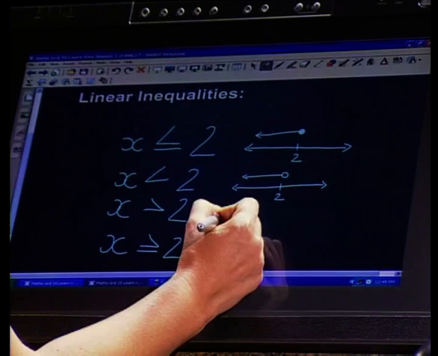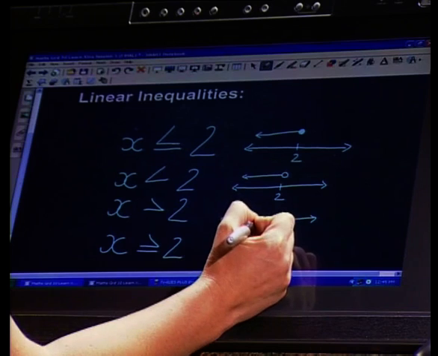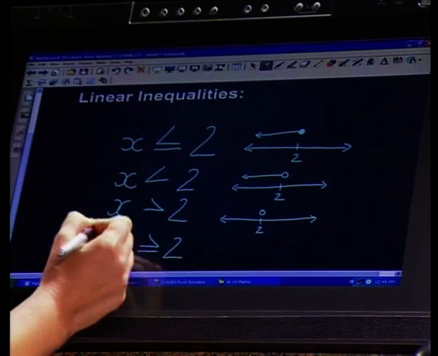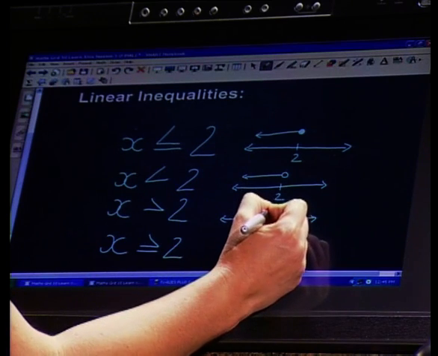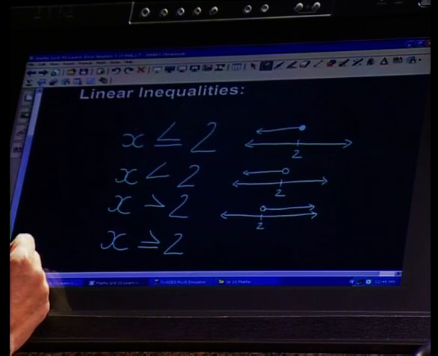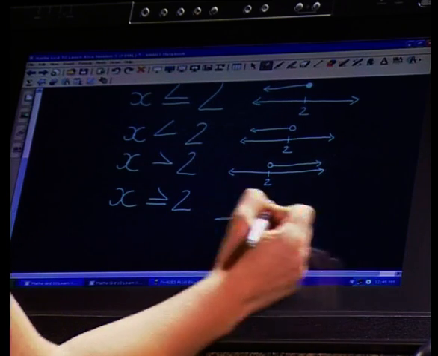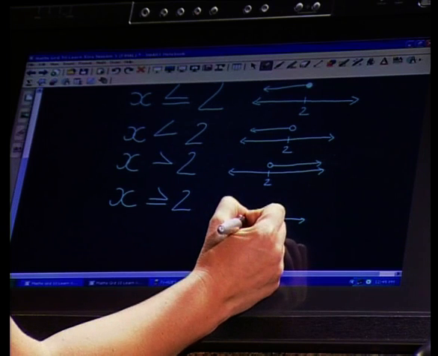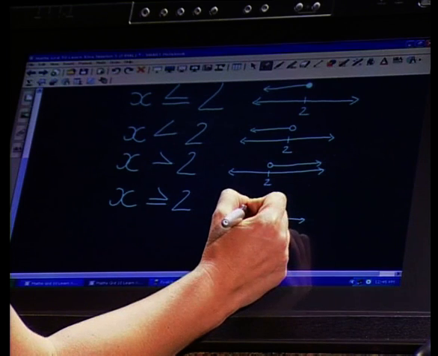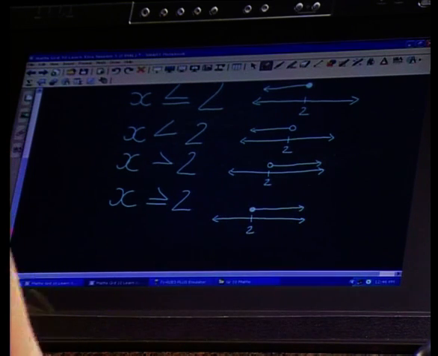With the next one, 2 is the important number, but it is not included, so we keep the circle open, and x is greater than 2, meaning the values of x are above 2. And lastly, when x is greater than or equal to 2, 2 is the important number, the circle is colored in, and the arrow goes above.